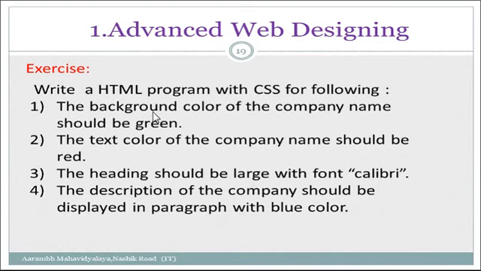Simple one. You have to use the background color, the color, the font type, and you have to write a simple paragraph with blue color text. Okay, we ended CSS here.